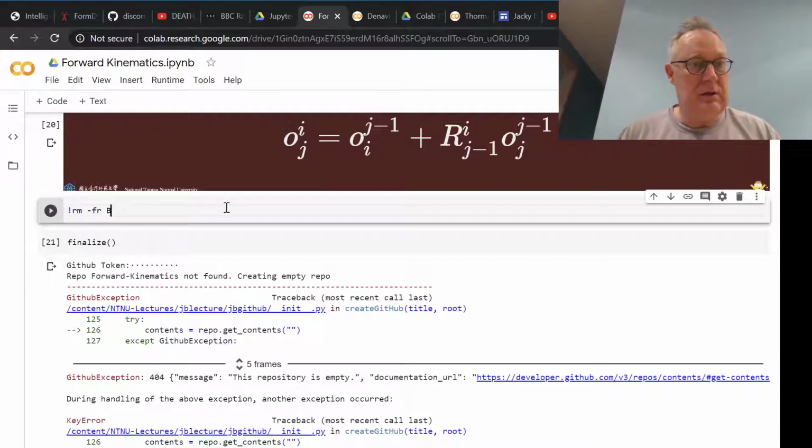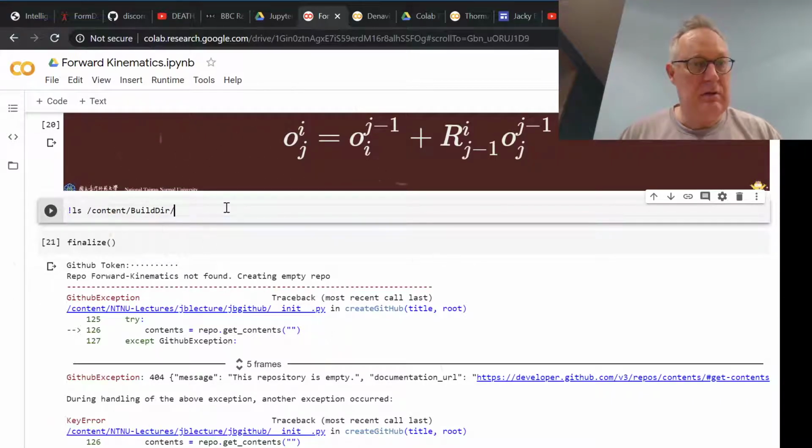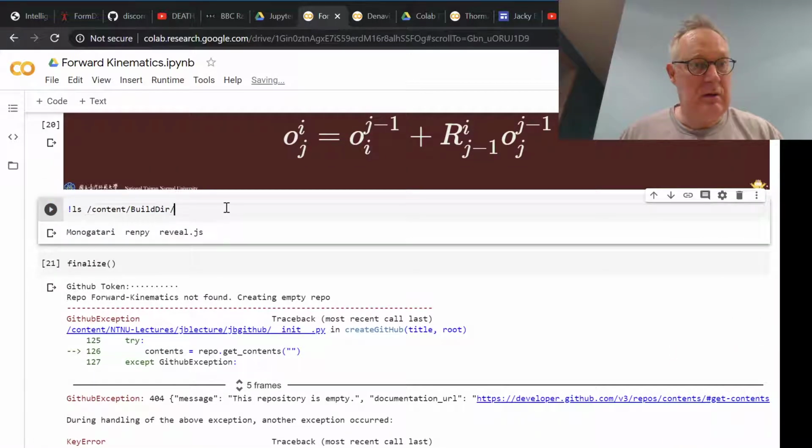Build deer content, build deer, doesn't make that one yet.